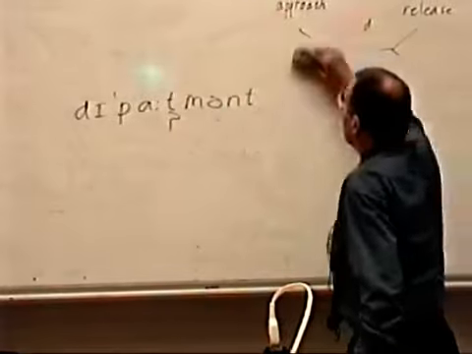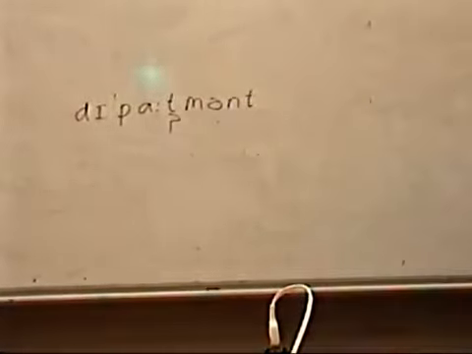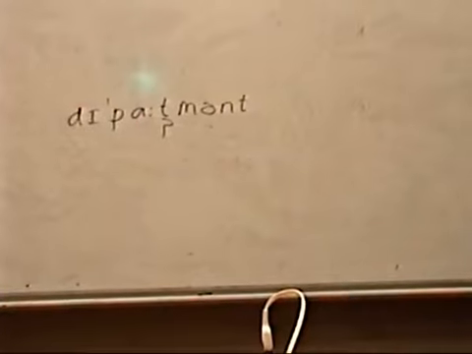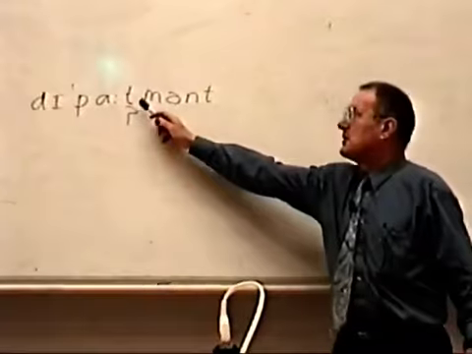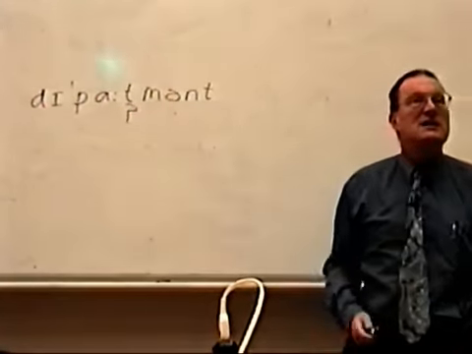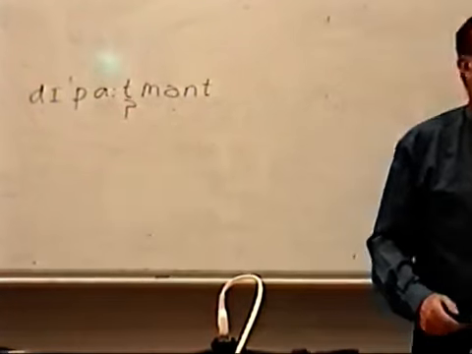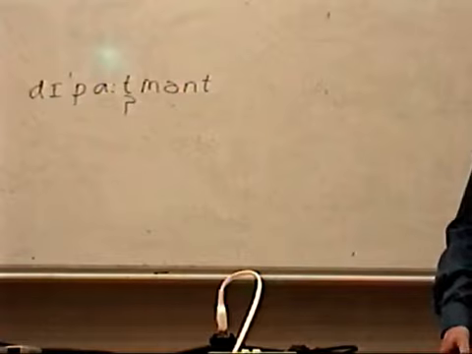Now, like other speakers, I do in fact have a range of options depending on the style that I'm using. It is perfectly possible to say department with an alveolar T nasally released. That is now rather an old-fashioned and certainly a very careful pronunciation.